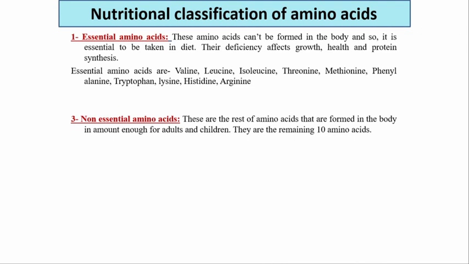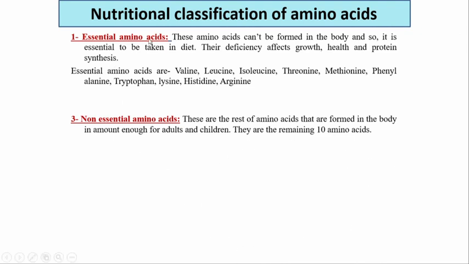There is a classification of amino acids based on whether we can prepare the amino acids in our body or not. And when the amino acids cannot be biosynthesized in the body, those amino acids are called essential amino acids. There are 10 essential amino acids which have to be supplied from the diet, and the rest 10 we can prepare inside the body. Okay. So, that is a classification and possibly you know this.